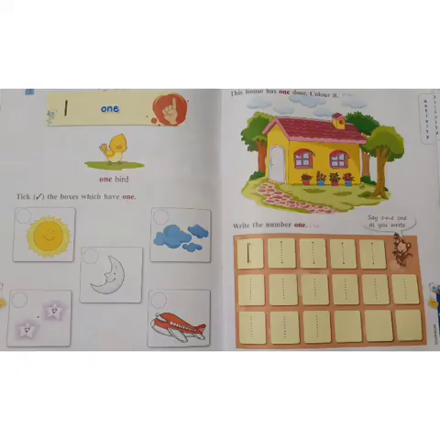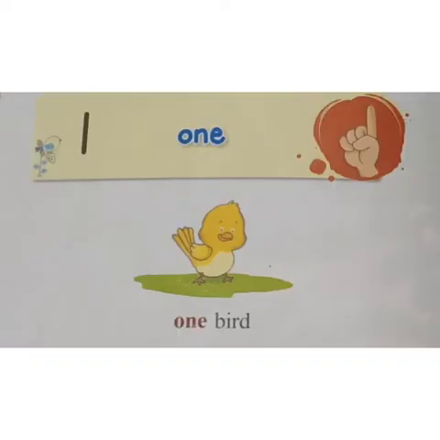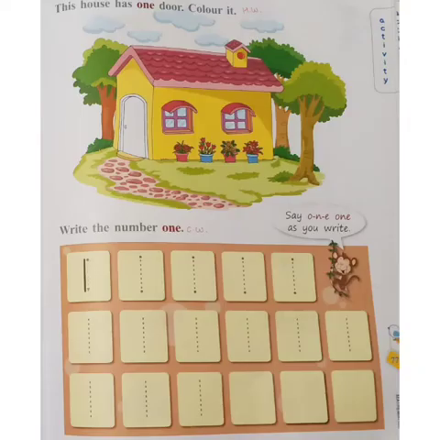1. Very good, children. Open the page 76 from your Pulse textbook. We can see one yellow bird. Right, children? How to spell 1? O-N-E, 1. On the page 77, we can see the picture of yellow and red house.